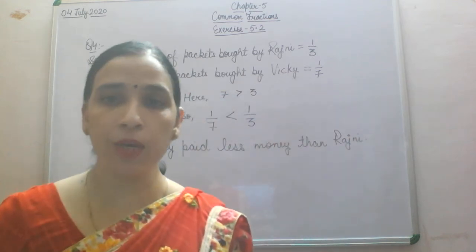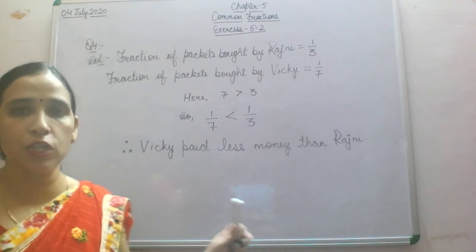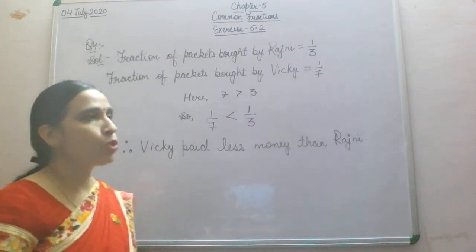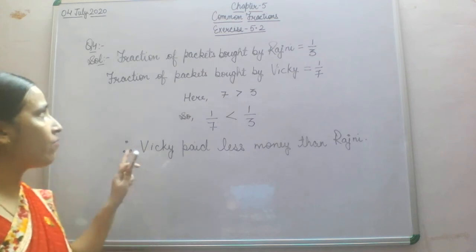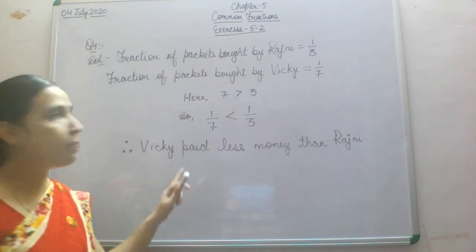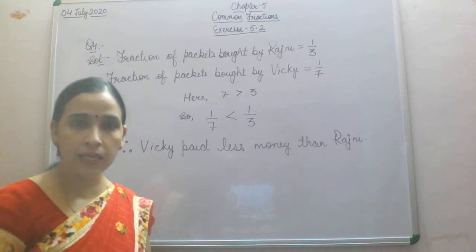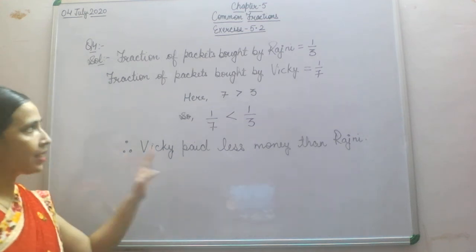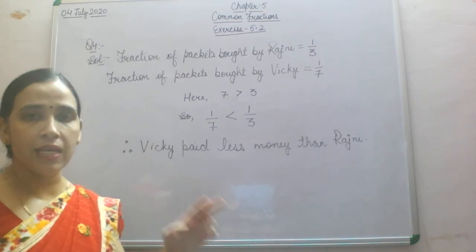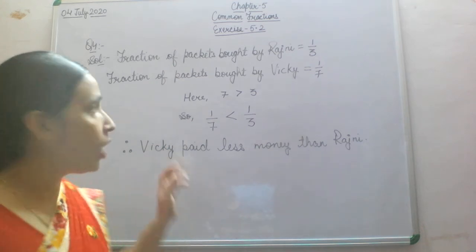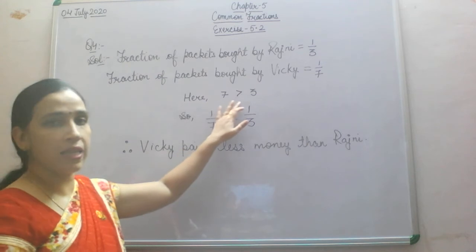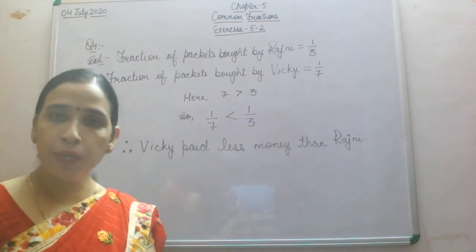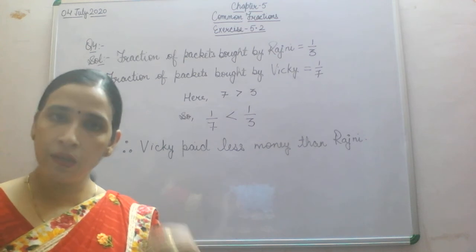So we will see this question again. What is given in the question? You have been given the fraction of packets bought by Rajni and Vicky. So this will be your first statement, fraction of packets bought by Rajni, that is 1/3. Then second statement, fraction of packets bought by Vicky, that is 1/7. Now here you can see 7 is greater than 3. It means the bigger the denominator, the lesser the fraction.